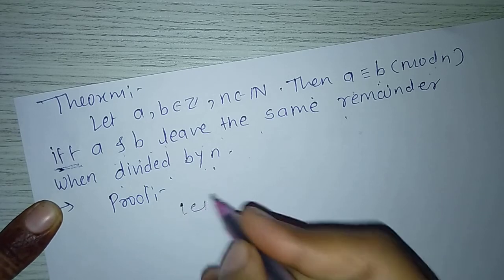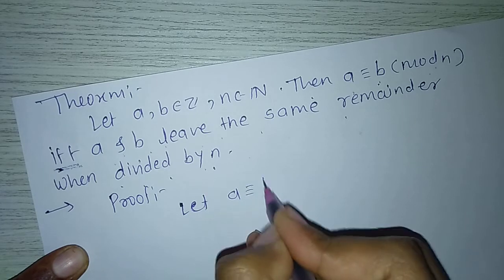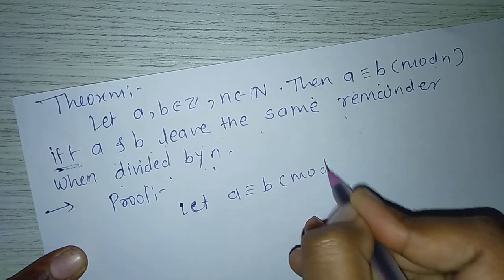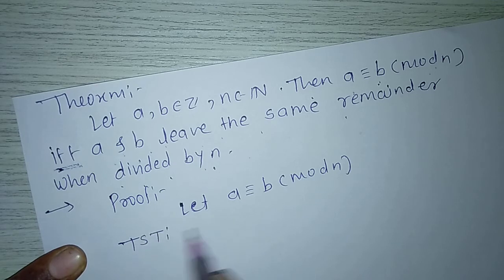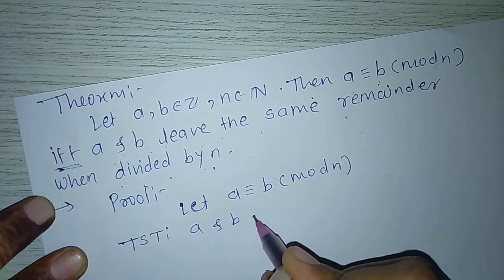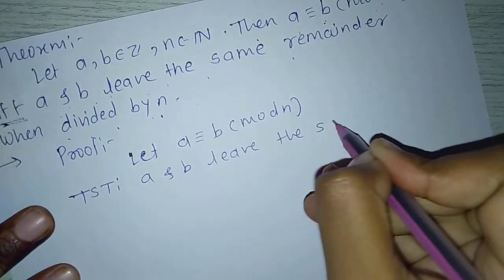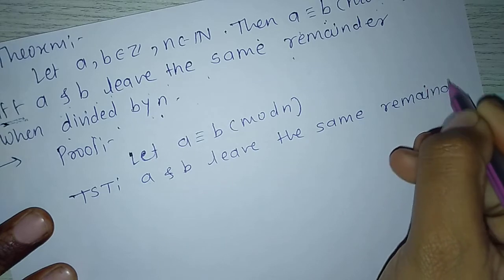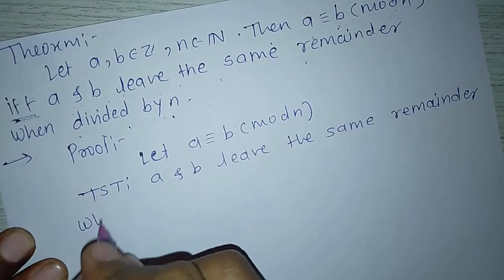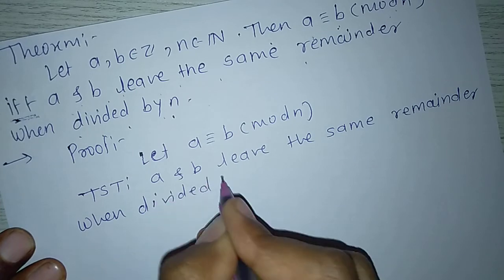Let a be congruent to b modulo n, to show that a and b leave the same remainder when divided by n.